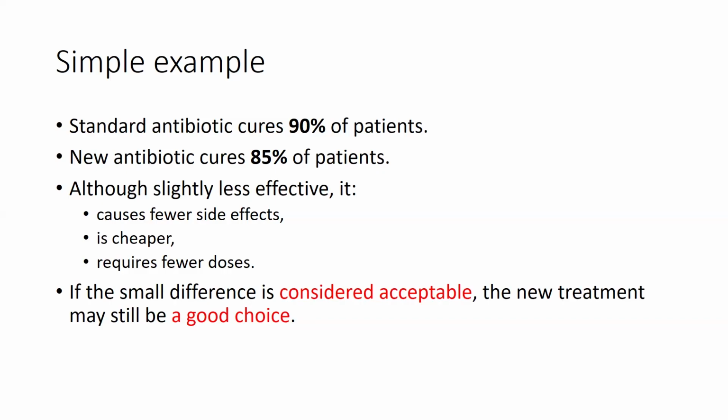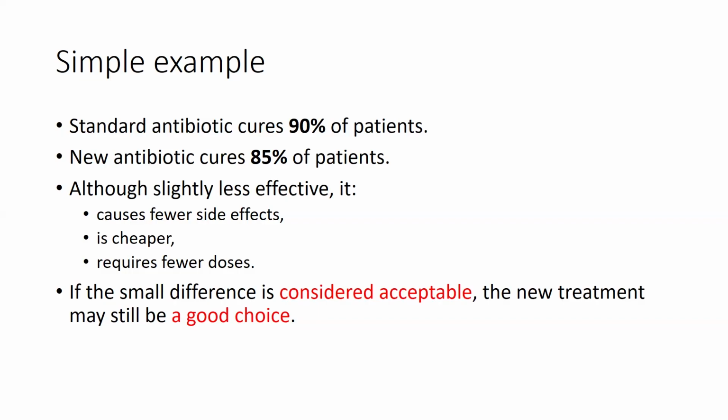So standard antibiotic cures 90%. New treatment cures only 85%. 5% loss. But new antibiotic causes fewer side effects compared to standard, is cheaper, requires fewer doses, and is easily available.